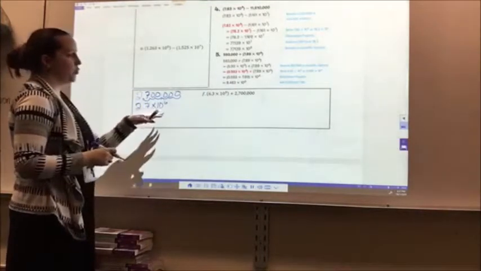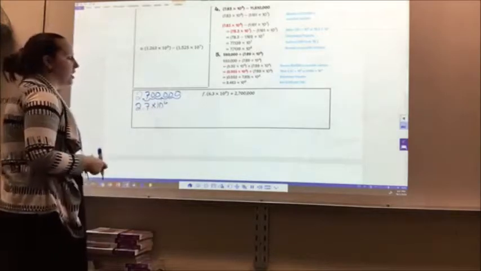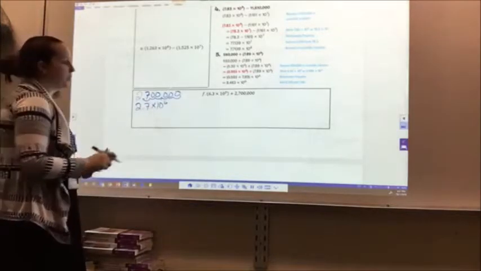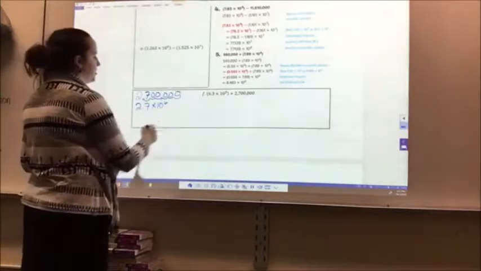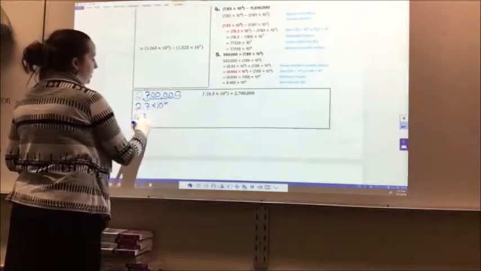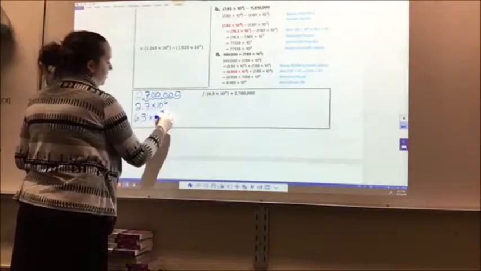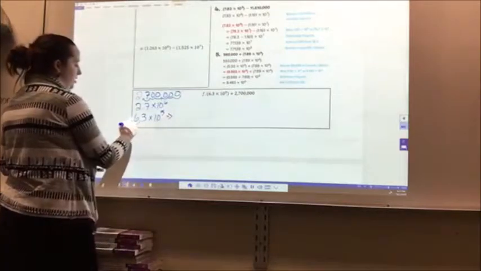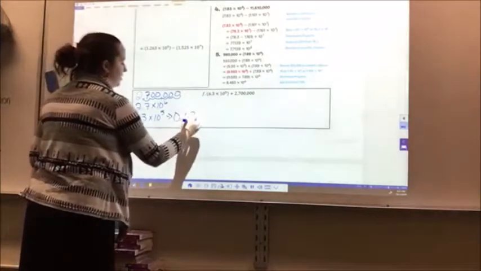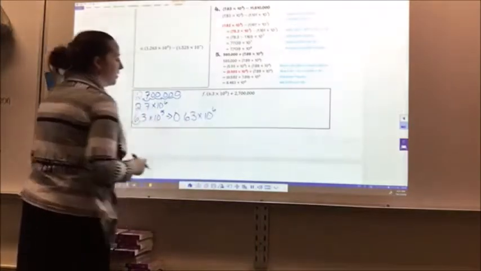So I need to change one of these or both of them so that they have the same exponent. I'm going to go ahead and change 6.3. So 6.3 times 10 to the 5th, I'm going to move and change. So it's 0.63 times 10 to the 6th power.